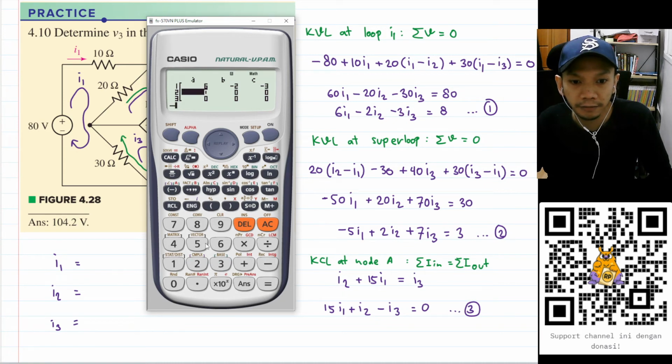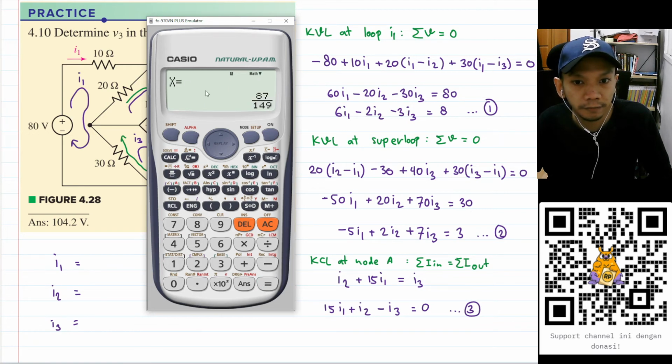Then minus 5, 2, 7, and 3. Then 15, 1, minus 1, and 0.